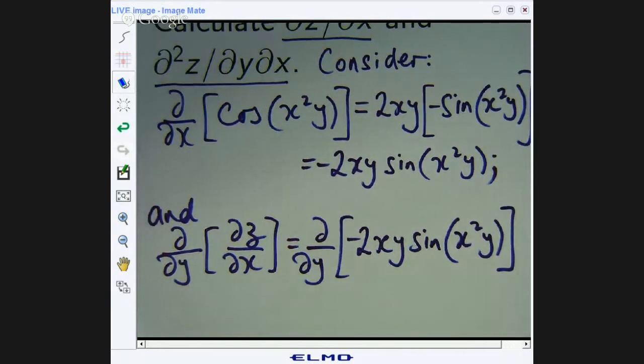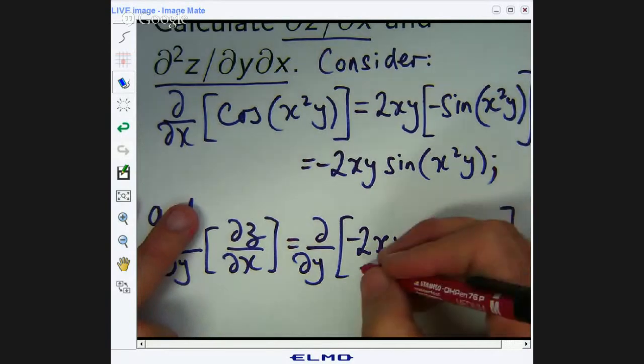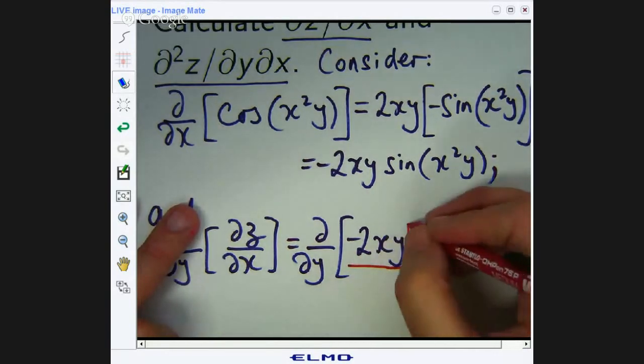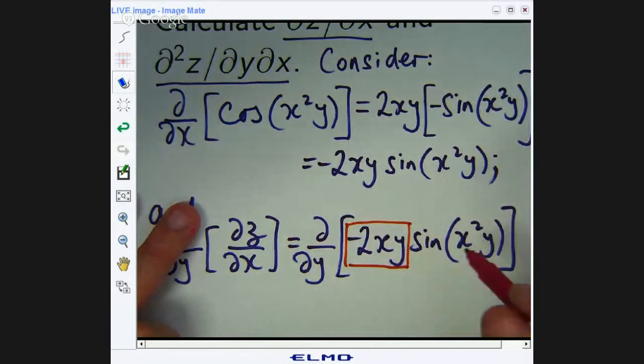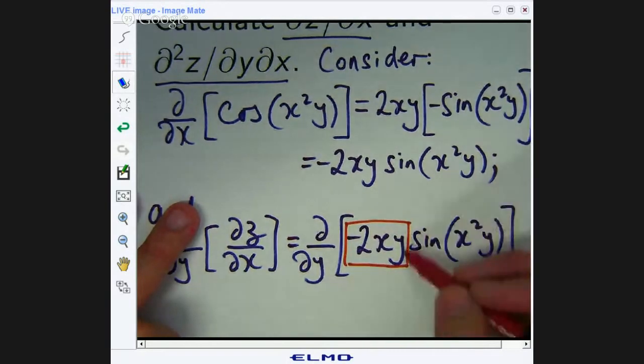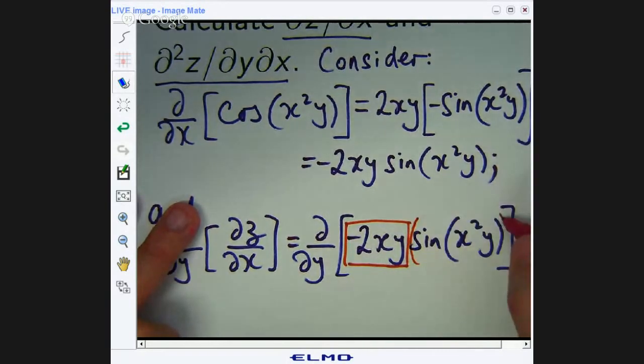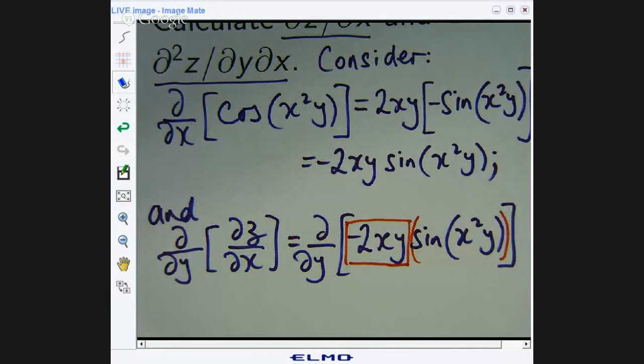Okay. So what do we do now? Well, you can see here we've kind of got still this function of a function, but we've got another function multiplying through by that function. So this function times this function is what we're interested in. Okay. Now, just like there's a product rule for regular differentiation, there's also a product rule for partial derivatives.